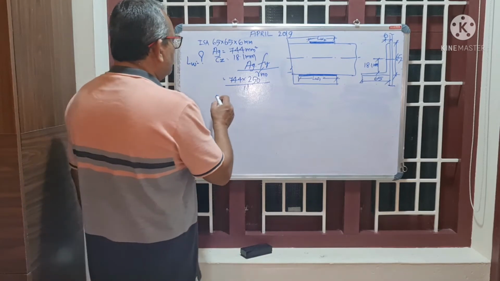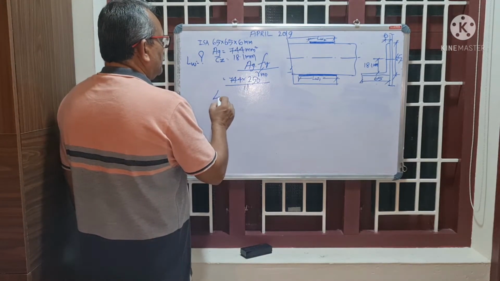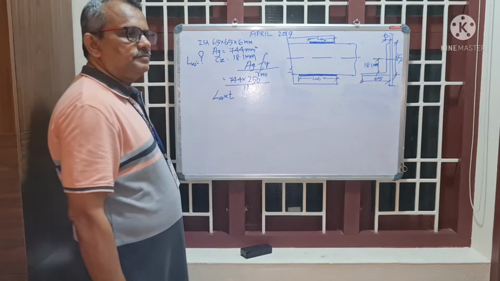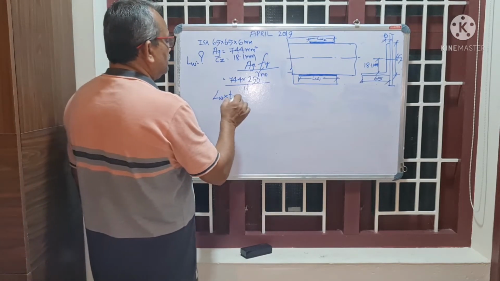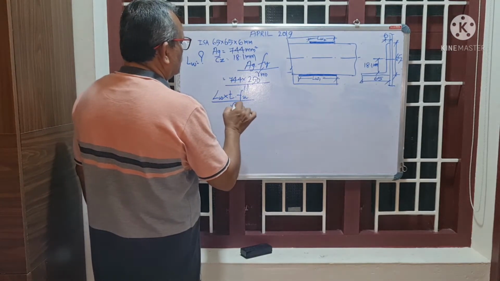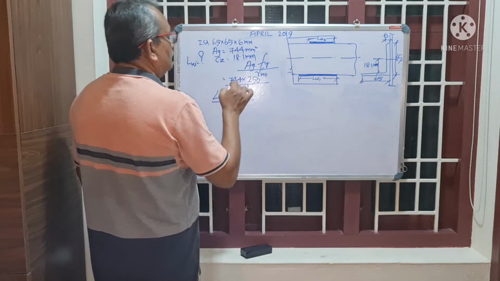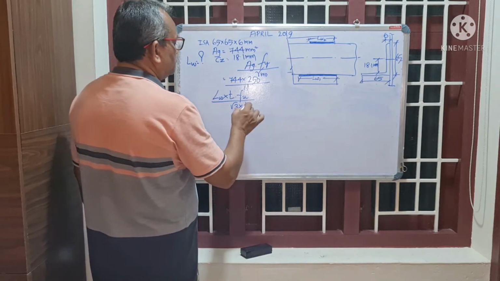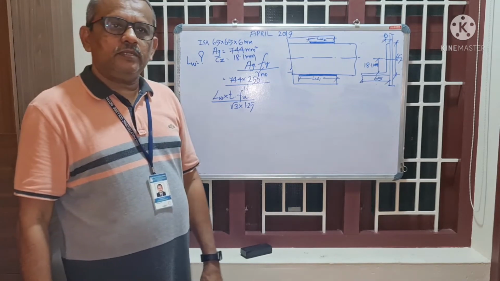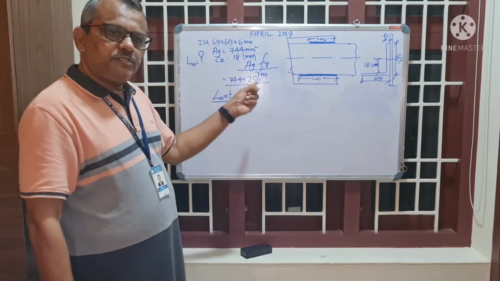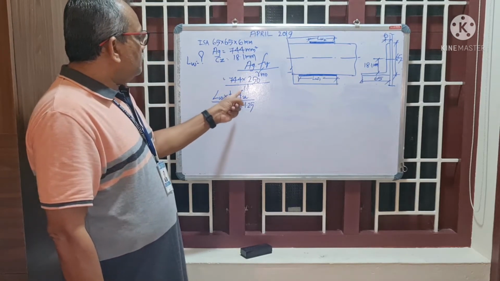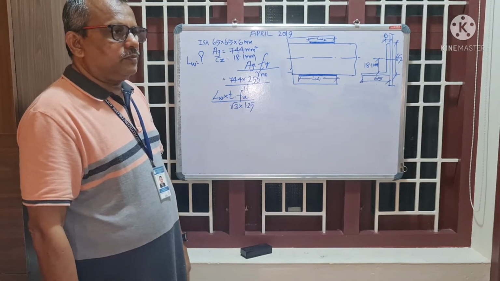The strength of the weld is equal to LW into t into fu divided by root 3 into the partial safety factor for the weld. It is 1.25 for shop welding. These are all formulas we used earlier, there is no difference.